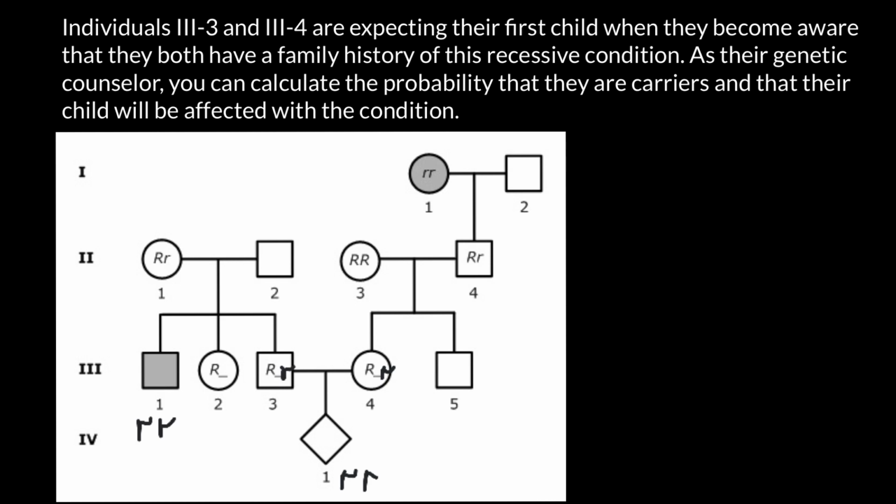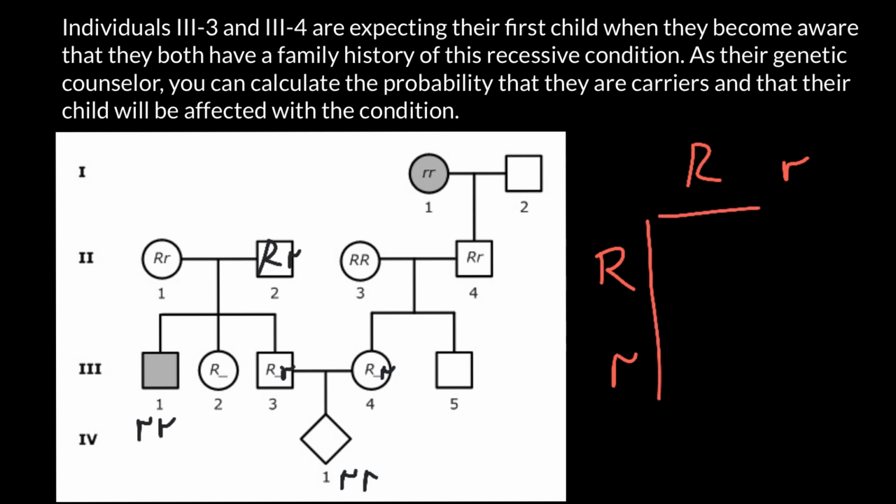But the father's phenotype is normal, so we can say that his genotype is capital R, small r. So now we know that the female, their mother, is heterozygous, capital R, small r. We know that the father is also heterozygous, capital R and small r.